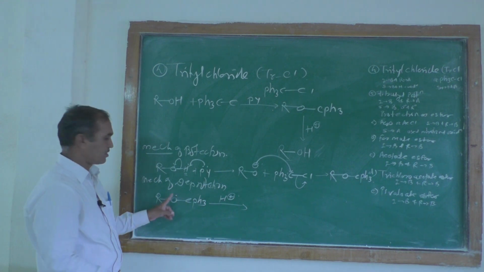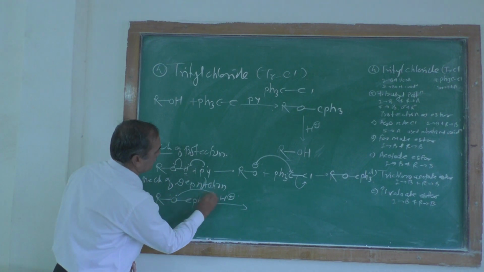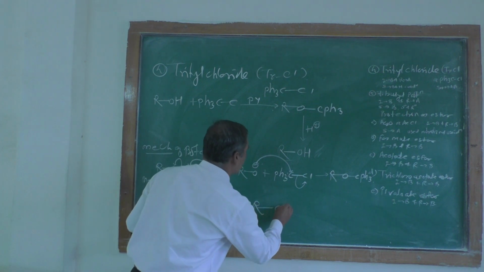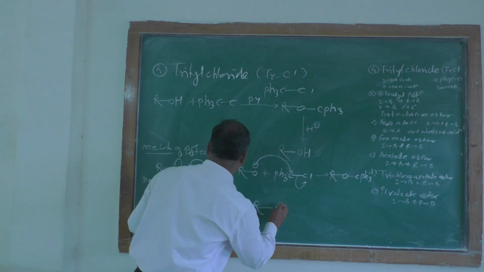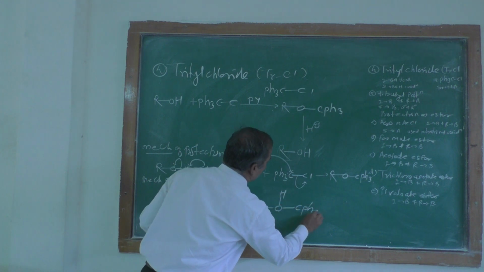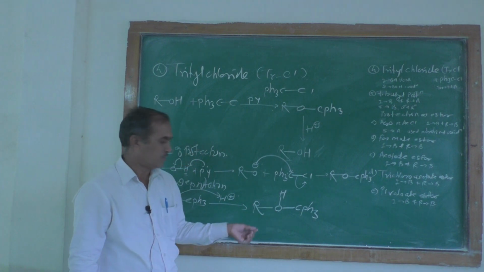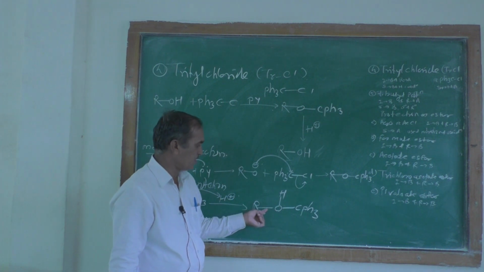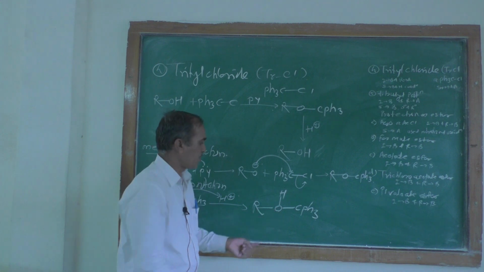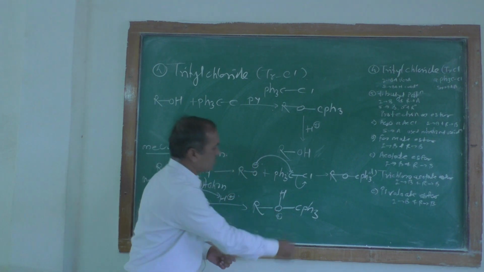The lone pair present on the oxygen atom will pick up the proton, and we get R-O(H)-CPh3. Now look here, what do you see? There are three bonds on the oxygen atom, and therefore a positive charge comes on it.